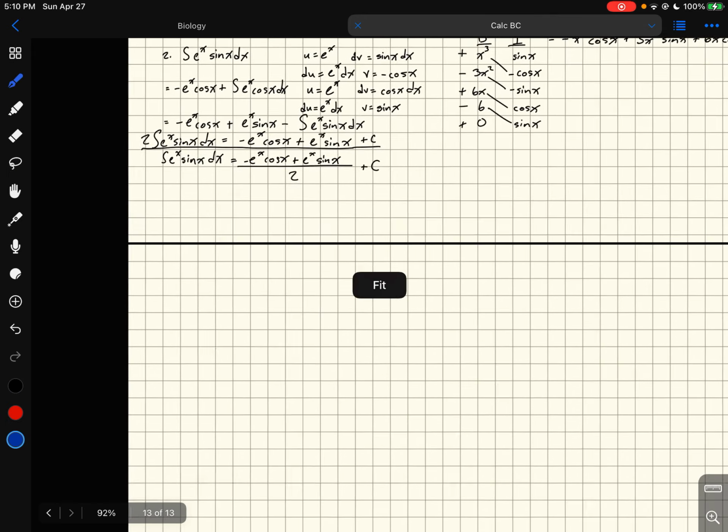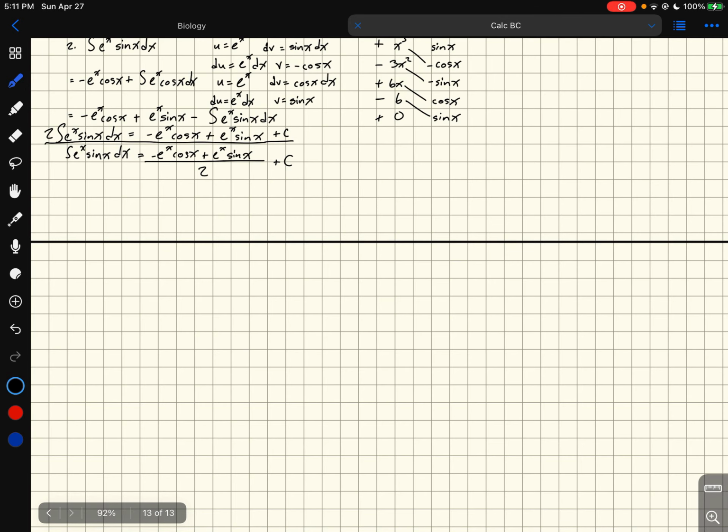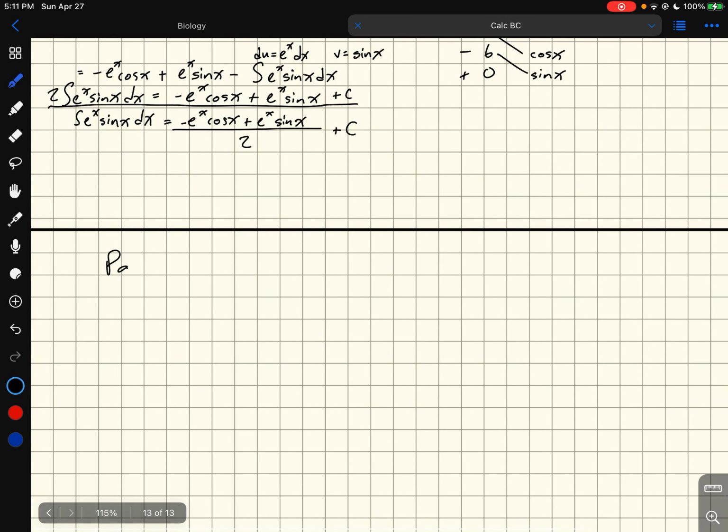Okay, integration techniques, we're talking about partial fractions. Partial fractions, not my favorite, kind of tedious, but useful. Essentially, we have the issue of not being able to integrate certain fractions.